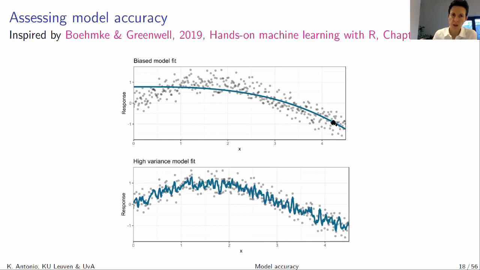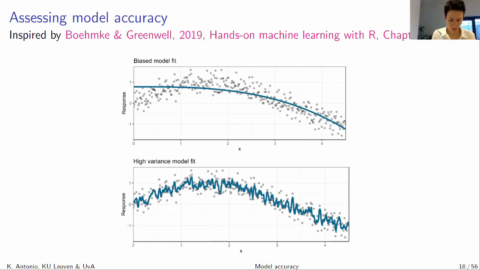It's a model that doesn't have a lot of variability, because if I fit this model to new data, the model will still look quite similar. But in the second picture, I generated the same data, and now I fit a k nearest neighbor regression model, where I took a small value for k.